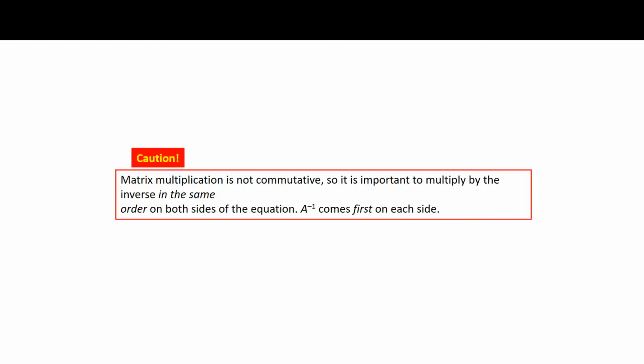All right, one word of caution before we move on. Matrix multiplication is not commutative. I've said this before, but I want to reiterate it again. So it is important to multiply by the inverse in the same order on both sides of the equation. So A inverse is going to come first on each side, all right? So let's just not forget that. We know that 2 times 3 is the same as 3 times 2, right?